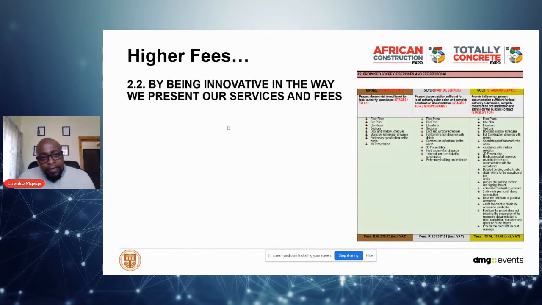So the second part that has really helped us in commanding higher fees in my company is that we've tried to find ways to be innovative in the way we present our services and fees. And you'll see on the right hand side an example of our services and fee proposal.